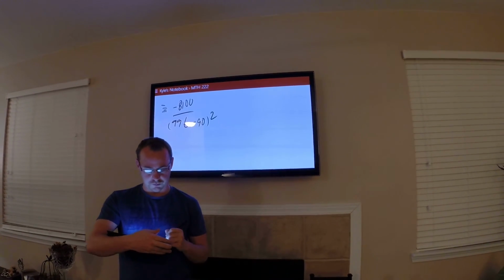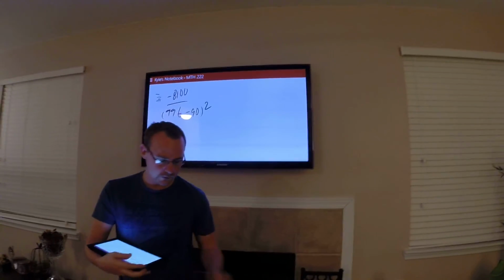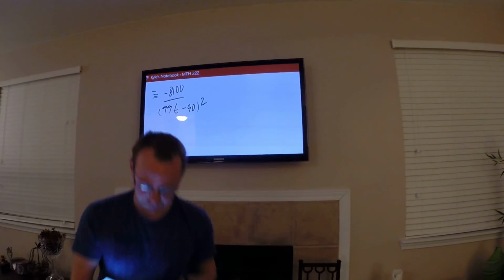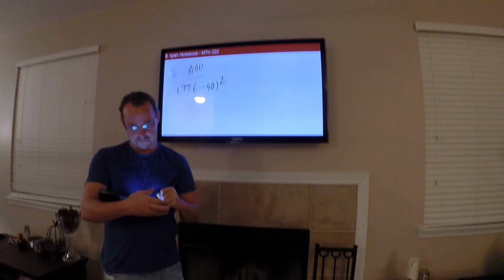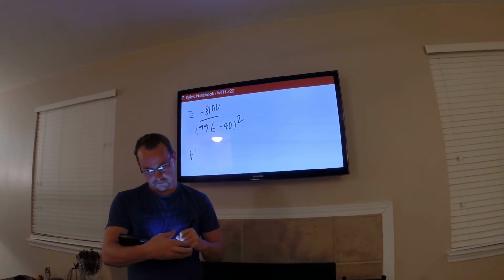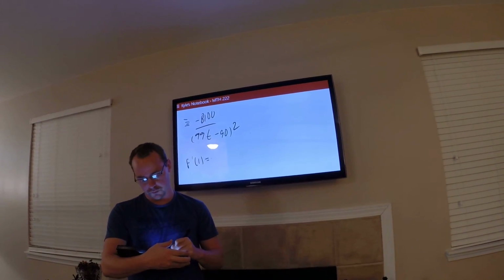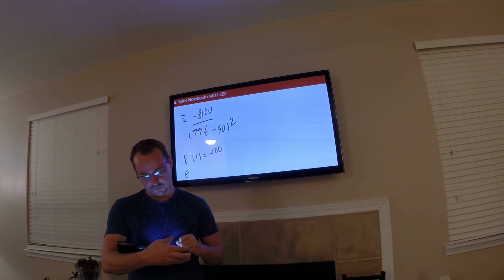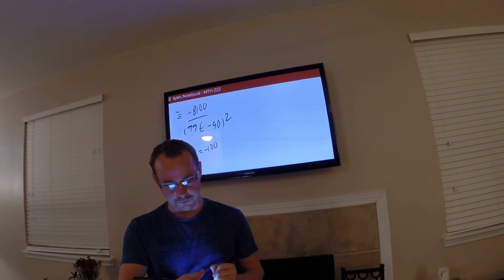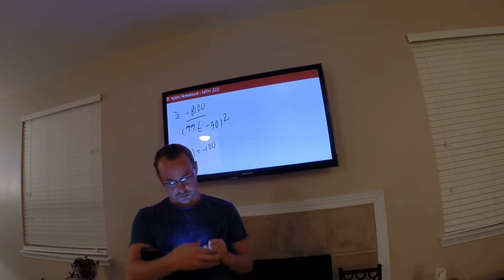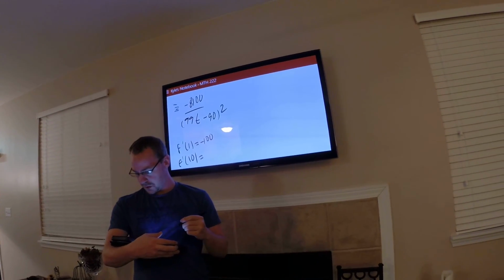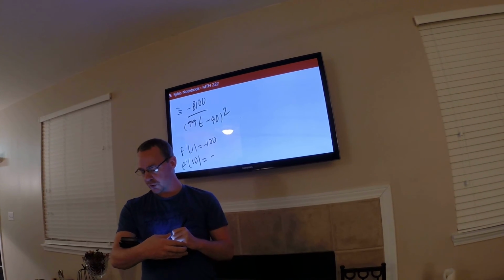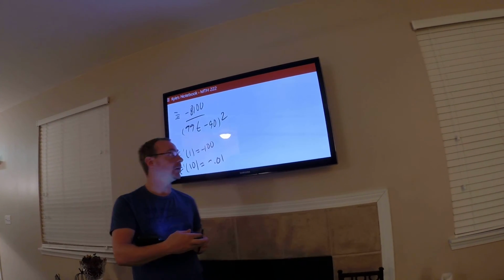For 1, we get negative 100, and for the derivative function at 10, we get negative 0.01, which gives us our rate of change.